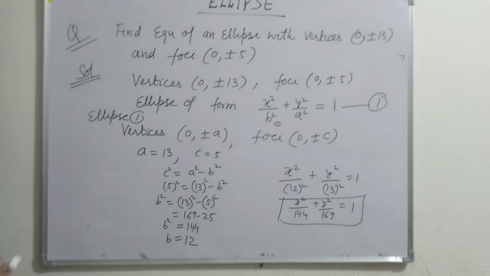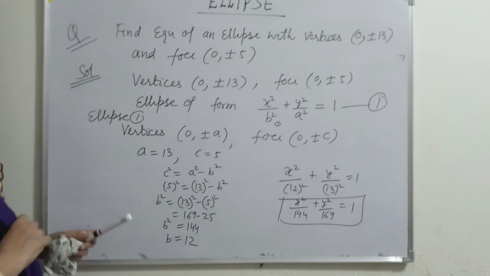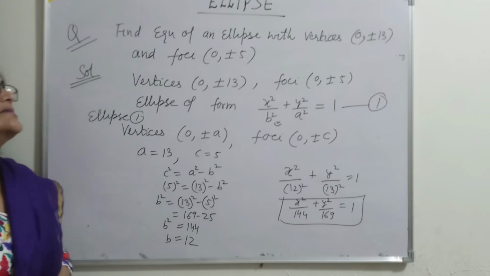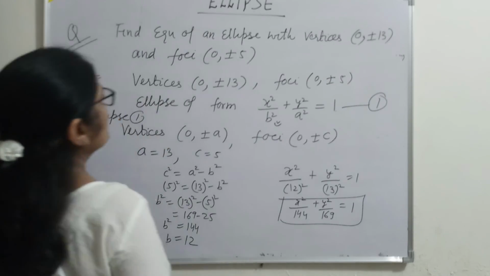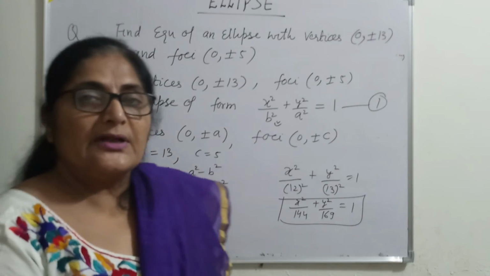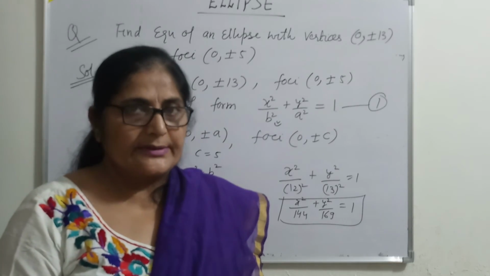So this is the required equation of an ellipse with vertices 0, plus minus 13 and foci 0, plus minus 5. That's all about the problems on ellipse. Thank you so much.